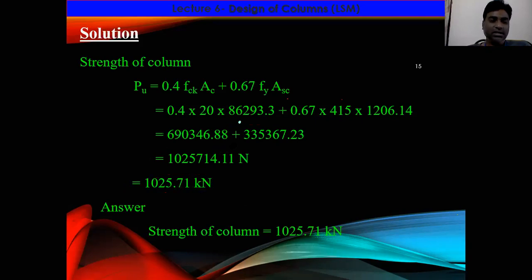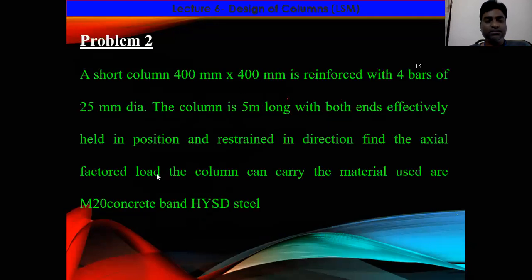So we'll check another type of column, that is maybe a square column, right? So coming to the square column problem, what is the difference? We'll check. Here, a square column 400 by 400 mm is reinforced with 4 bars of 25 mm dia. The column is 5 meters long with both ends effectively held in position and restrained in direction.